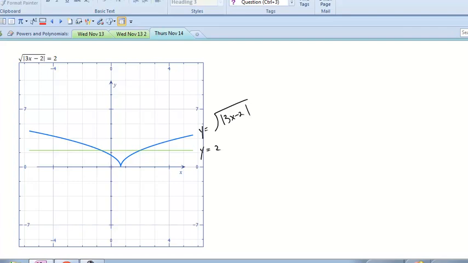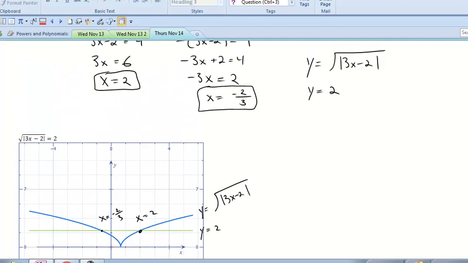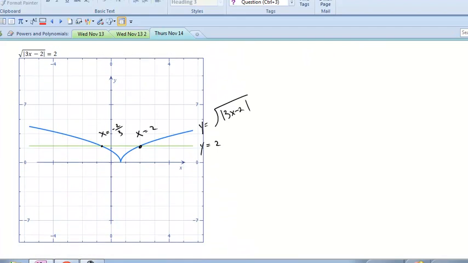And you can see two solutions here, one that seems to be at x equals 2, and one that looks an awful lot like it falls at x equals minus 2/3, which is what we got out from the algebraic process. So as you go through the more complicated problems, you really have to think about order. It's about order and unpacking the operations in the right order to get to the solution for the problem.